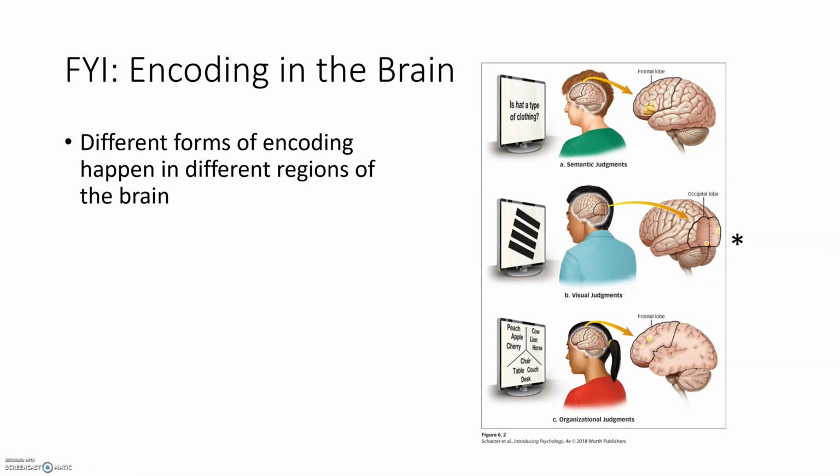So when you're forming new visual memories, you're going to see activation there. And even when you're imagining something, even if you're not seeing anything, but just imagining visual information in your mind, the occipital lobe will also activate.